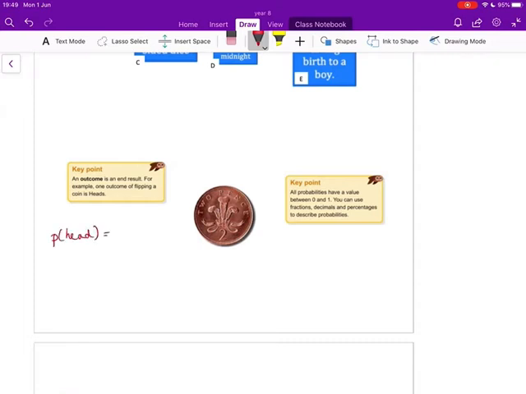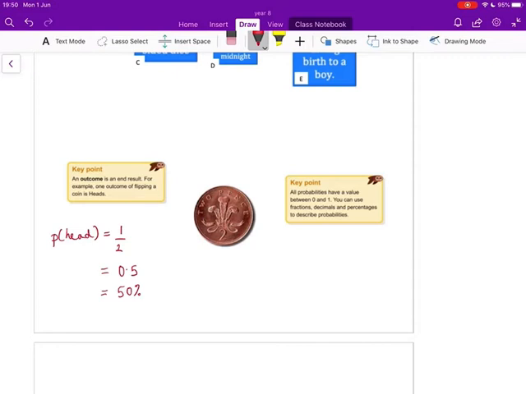So the probability of a head is there's 1 outcome that's a head out of 2 possible outcomes if we flip a coin. So we'd say the probability of a head is half, so that's the value between 0 and 1. Or we could say it's 0.5, we could give it as a decimal, or we could give it as a percentage. So any of those will be reasonable answers.